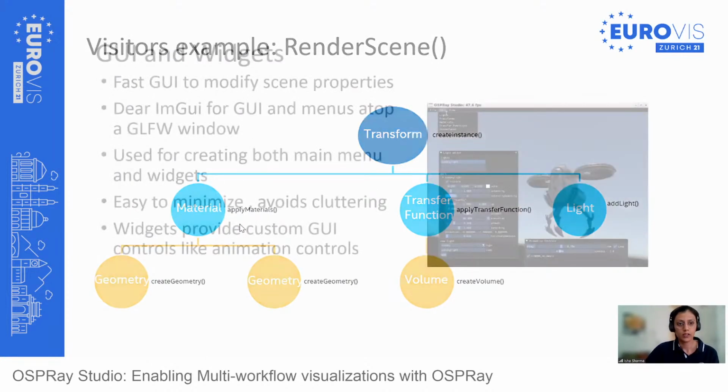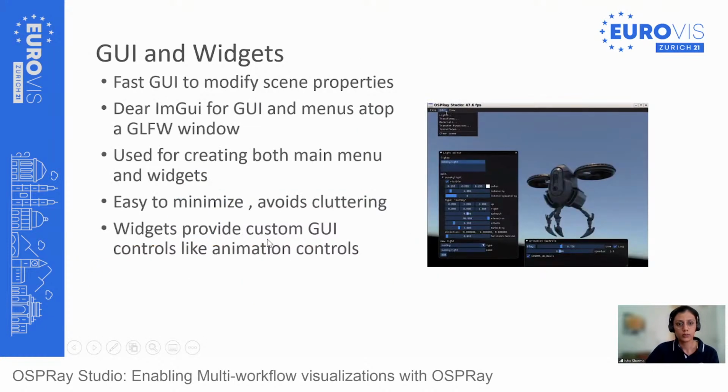The final part is the GUI and the widgets, for which, for visualization, a fast GUI to modify scene properties is very essential. And for that purpose, OSPRay Studio uses Dear ImGui for the GUI and menus on top of a GLFW window.